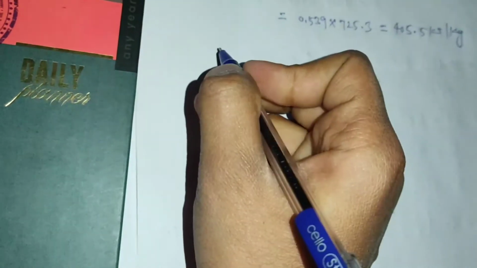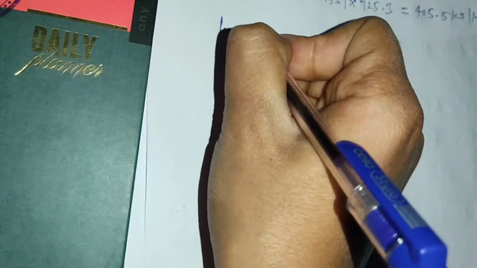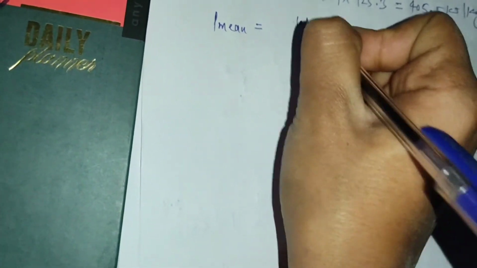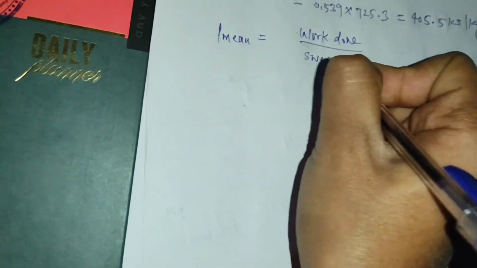As we have to find the value of mean effective pressure, P mean will be equal to work done upon swept volume.